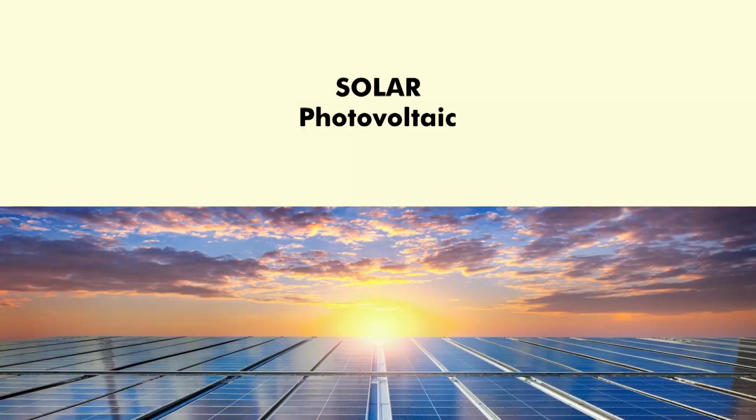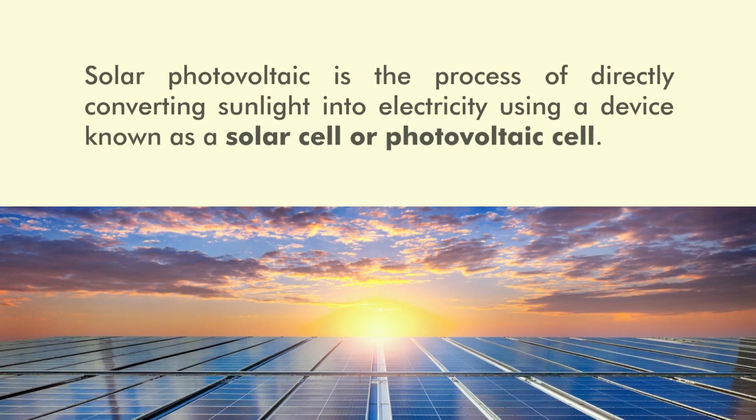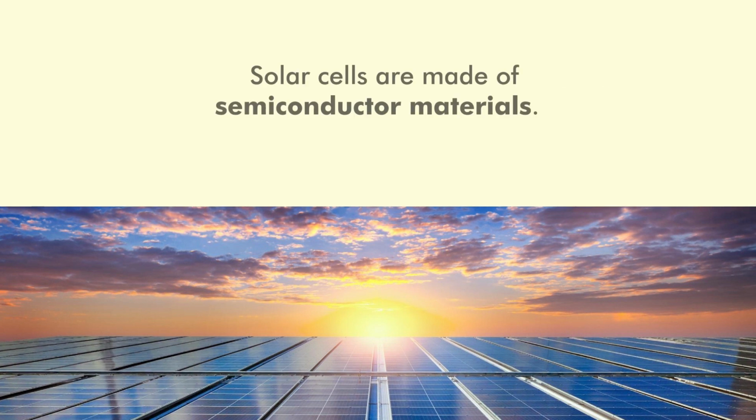So first of all, we are going to discuss what solar photovoltaic is. Solar photovoltaic is the process of directly converting sunlight into electricity using a device known as a solar cell, or photovoltaic cell. Solar cells are made of semiconductor material.